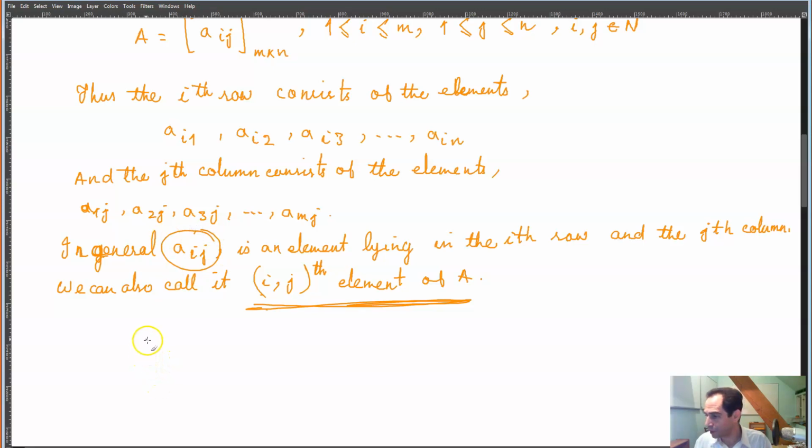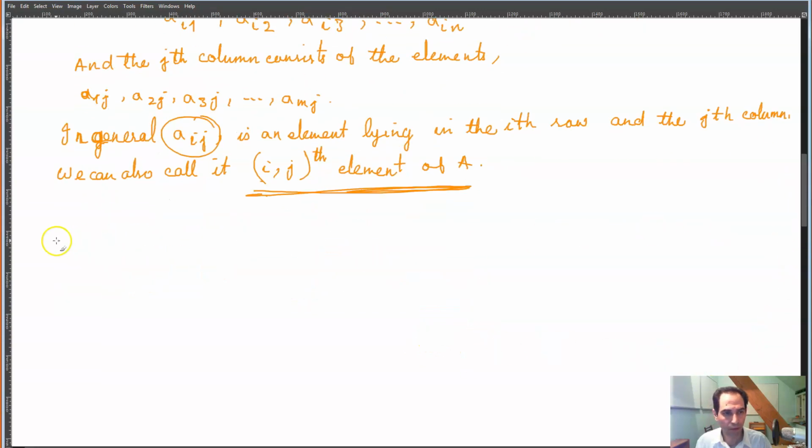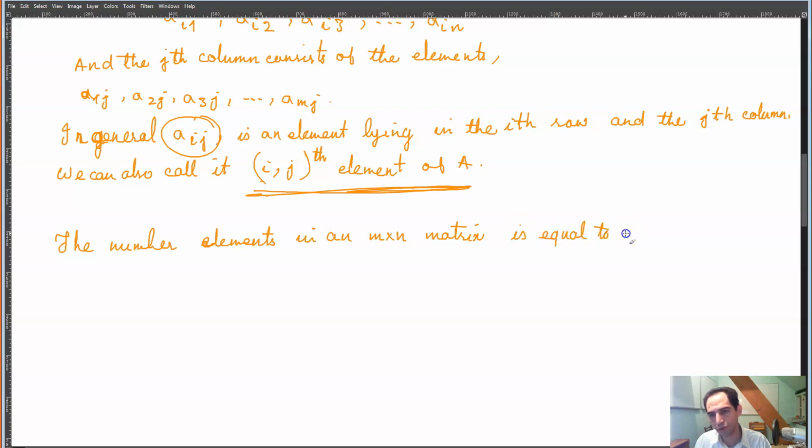Now the number of elements in an m by n matrix, of course it makes sense that it is m times n, right?